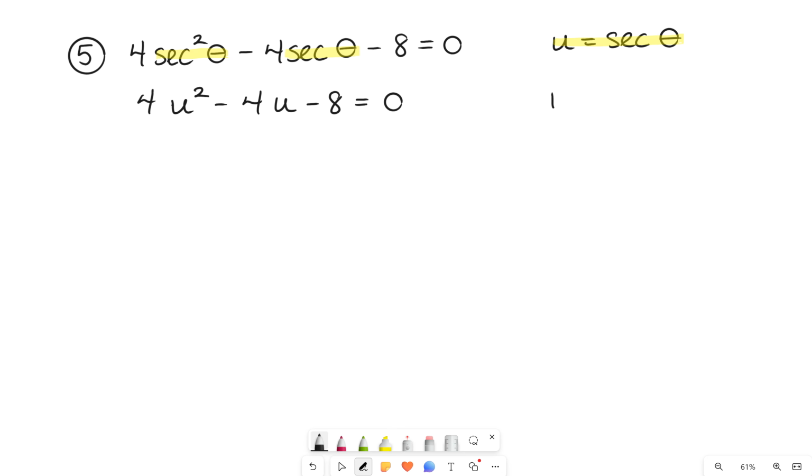So I've rewritten it. What do we do next? We look to factor using GCF. Our GCF in this problem is only going to be the number 4. Everything is divisible by 4. So pause this video and go ahead and rewrite it in factored form, and then come back to me.